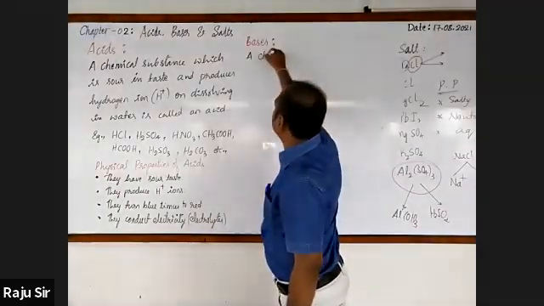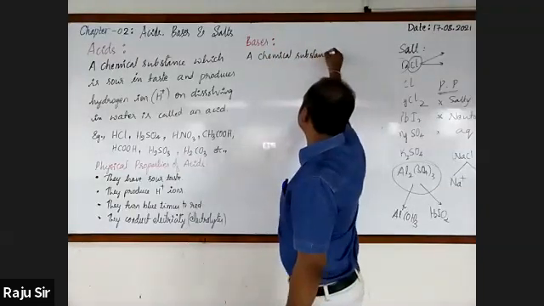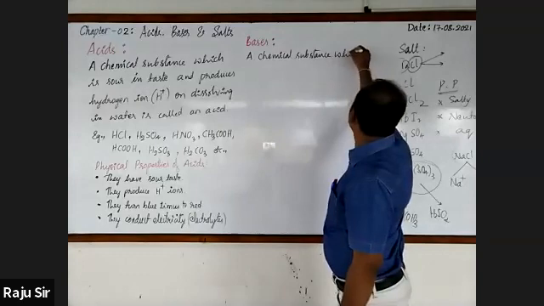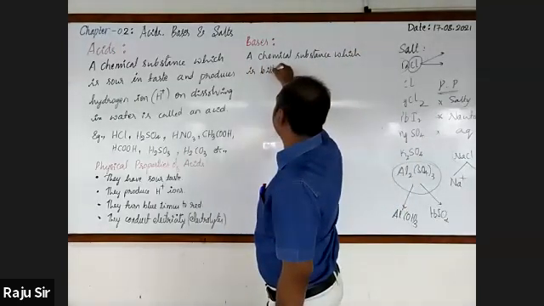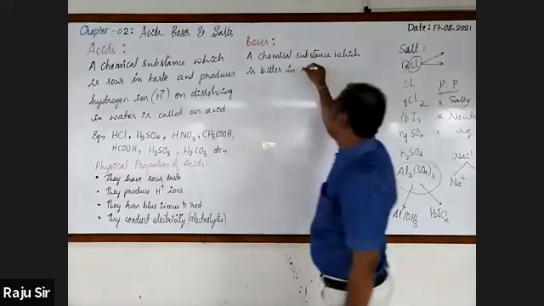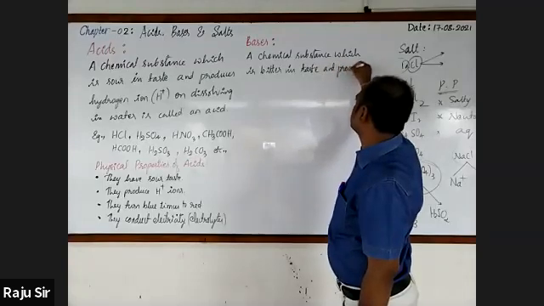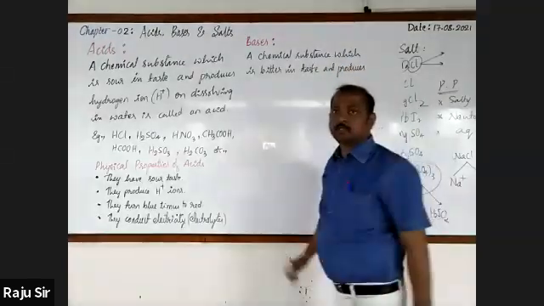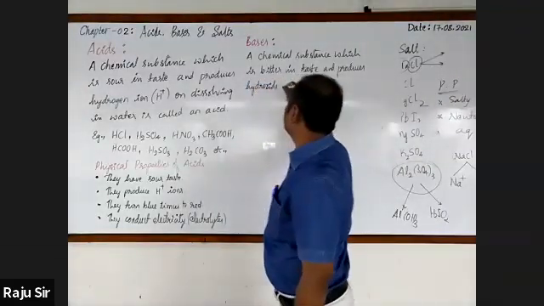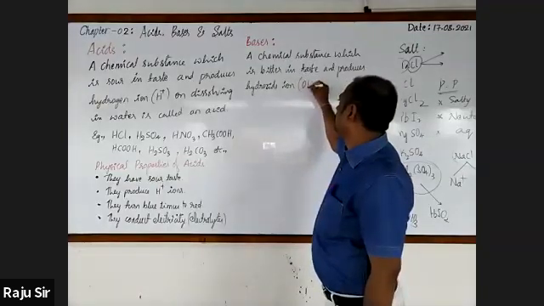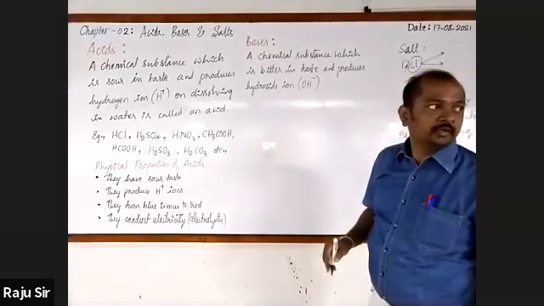A chemical substance which is bitter in taste and produces hydroxide ion, in bracket you may write OH minus, when it is dissolved in water.